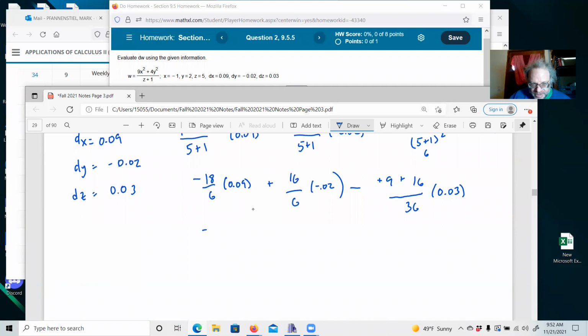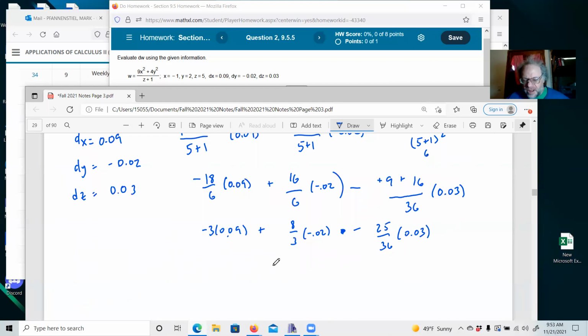So let's see here. We're going to have -3, 0.09. 16 over 6, I can cast out a 2 there, so it's going to be a plus 8/3, -0.02, plus, or minus rather, 9 plus 16, that's 25 over 36, 0.03.